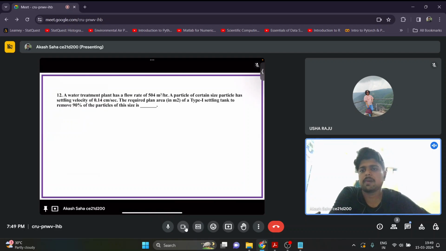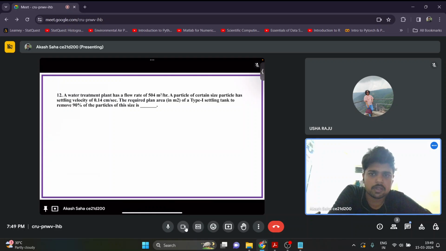A water treatment plant has a flow rate of 504 meter cube per hour. A particle of certain size has a settling velocity of 0.14 centimeter per second. The required plan area in meter square of the type 1 settling tank to remove 90% of the particles of this size is. So we have been given the flow rate and the particle settling velocity.